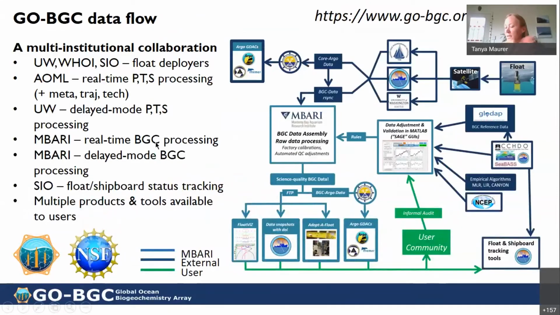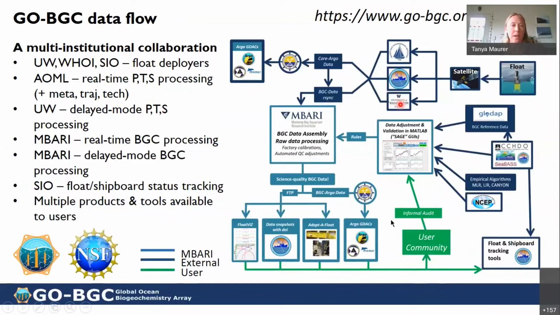So that's the summary of the Argo data system, and I just have a couple more points. I wanted to bring it back to our more internal GO-BGC program specific data management. This is a flow diagram showing the flow of data from float to user, and the main point here is that it's really a huge collaboration between different institutions.